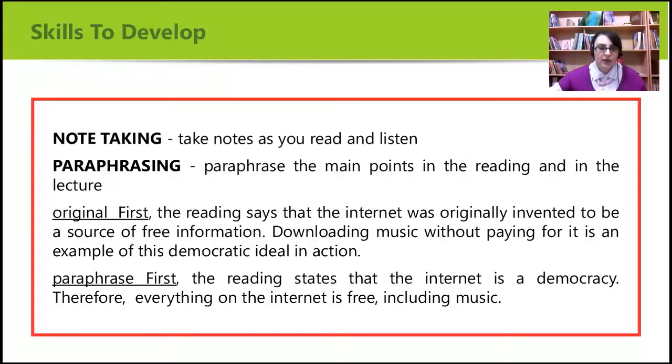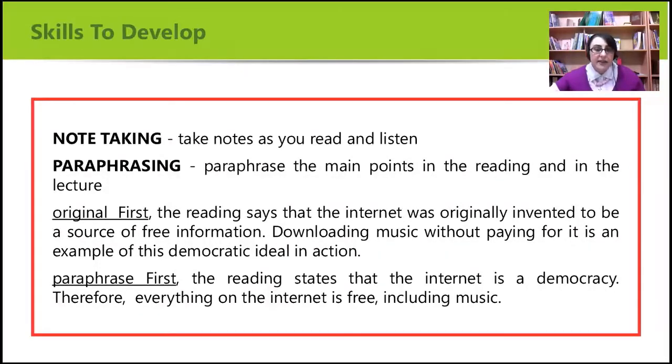Okay, so let's see how this sentence is paraphrased. The original is like this. First, the reading says that the Internet was originally invented to be a source of free information. Downloading music without paying for it is an example of this democratic ideal in action.